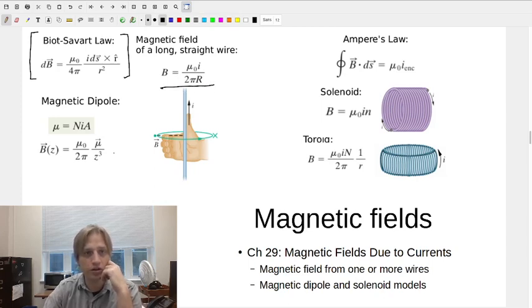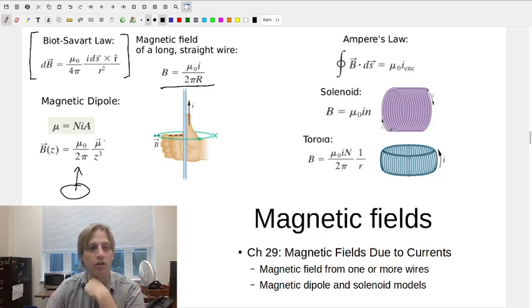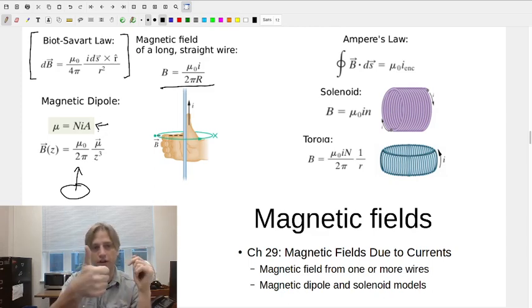We used it also to solve for a loop of wire, and that we related to this dipole model, where if you get far enough away from the loop, then you can treat this as a magnetic moment. You can find the direction of that with your right hand by looping around.